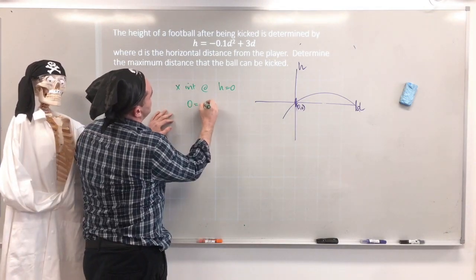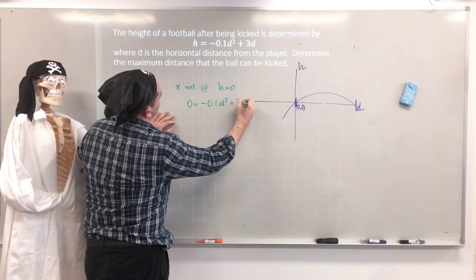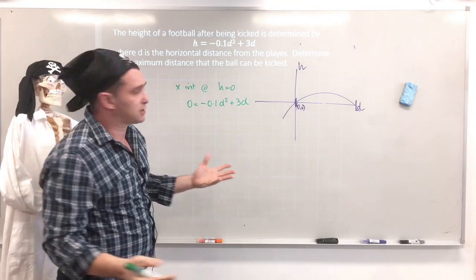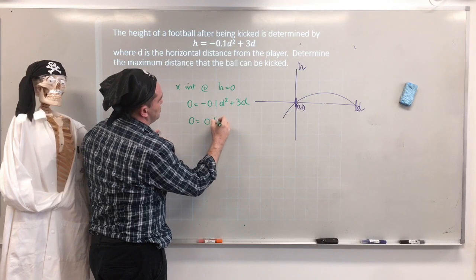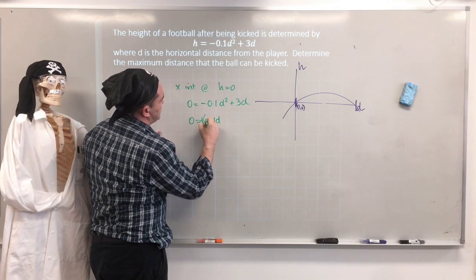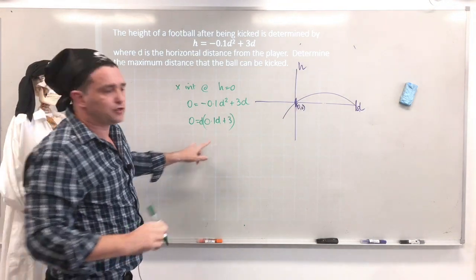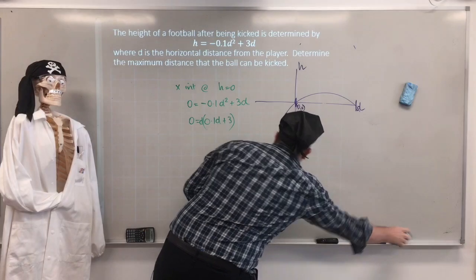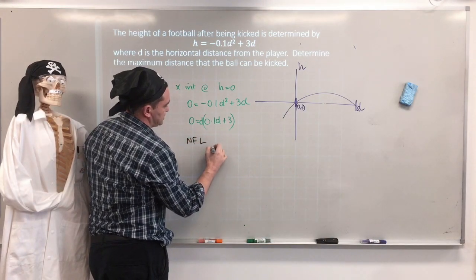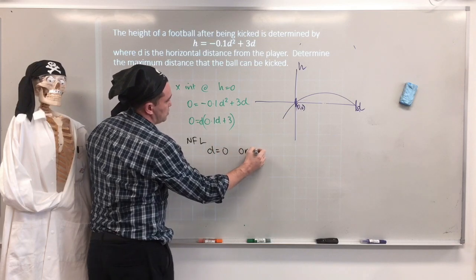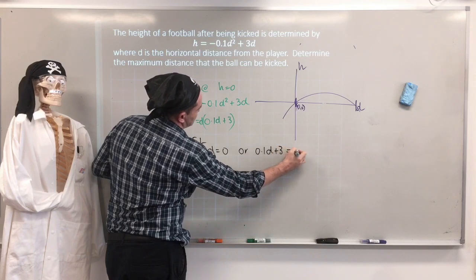So 0 equals negative 0.1 d squared plus 3d. Let's just factorize. So 0 equals 0.1, so d outside of 0.1d plus 3. Then we can use our null factor law: d must equal 0, or 0.1 d plus 3 must equal 0.